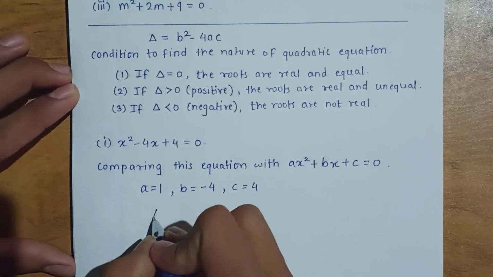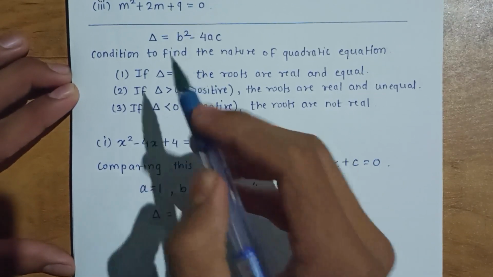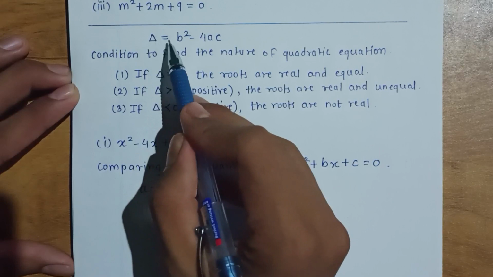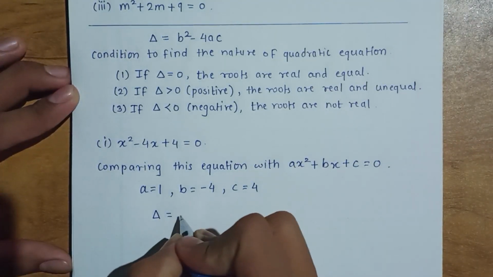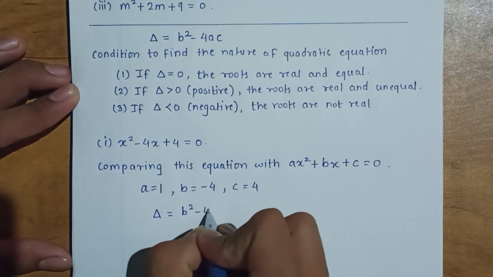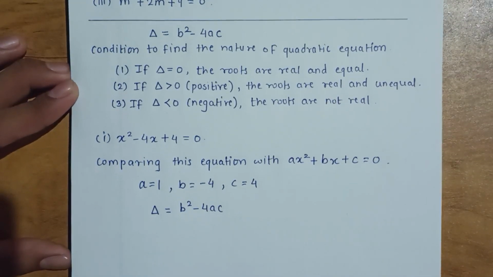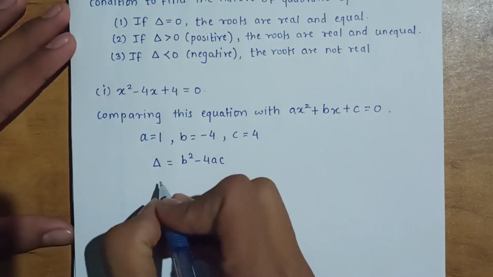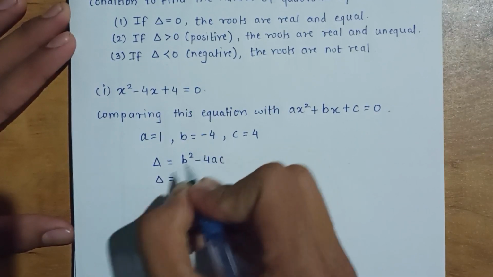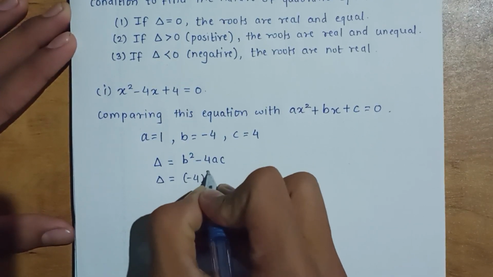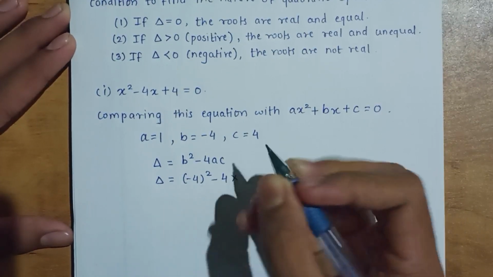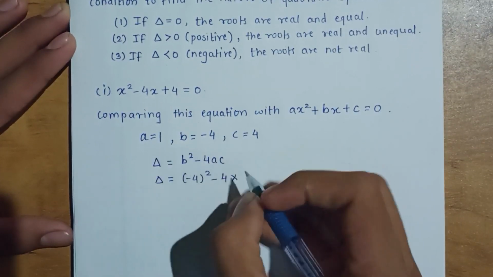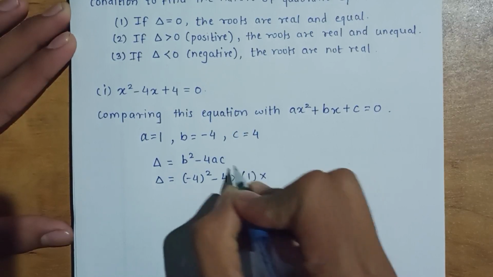Now we know the formula for delta is delta equals b square minus 4ac. So delta equals minus 4 square minus 4 into the value of a, which is 1, and the value of c, which is 4.